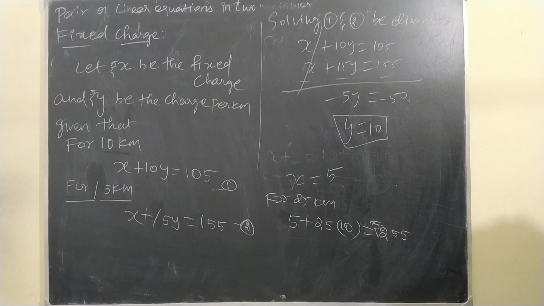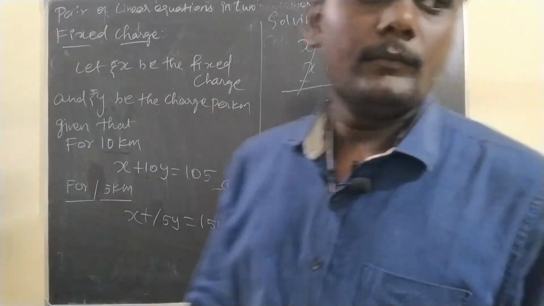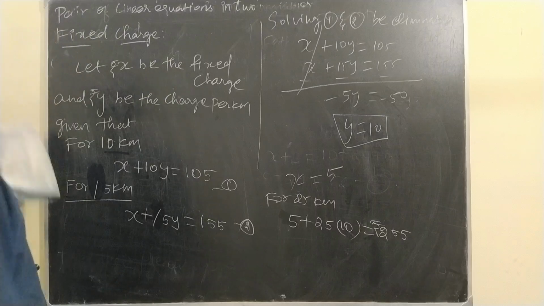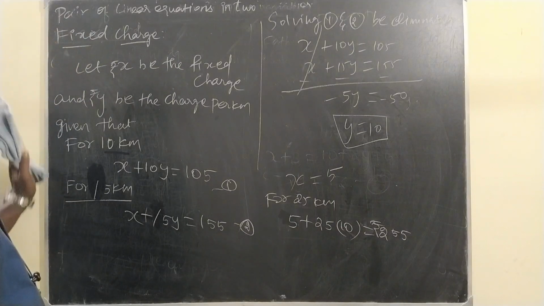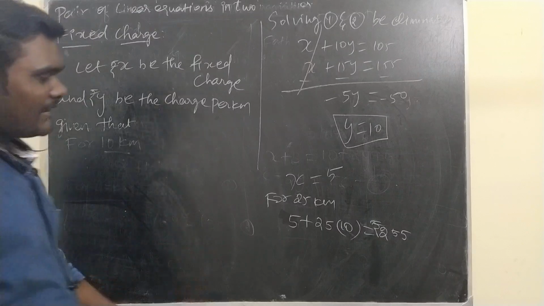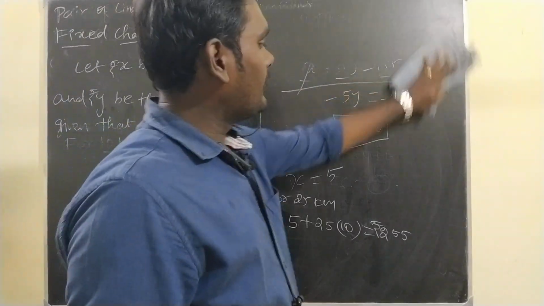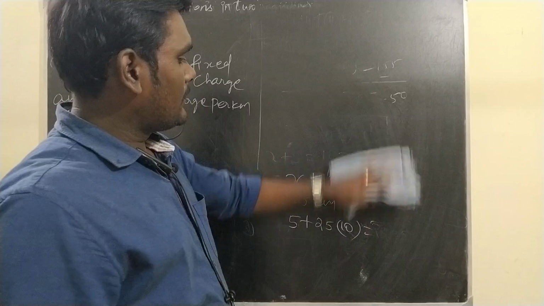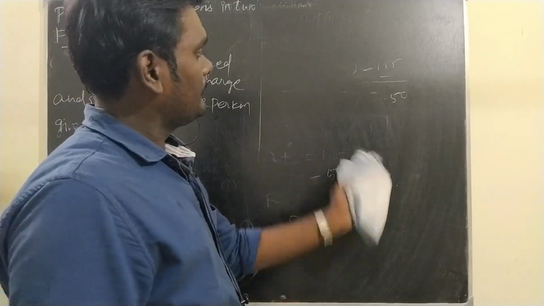Sarita paid rupees 27 for a book kept for 7 days, while Susi paid rupees 21 for a book kept for 5 days. Find the fixed charge and the charge for each extra day. Fixed charge is applicable for how many days?